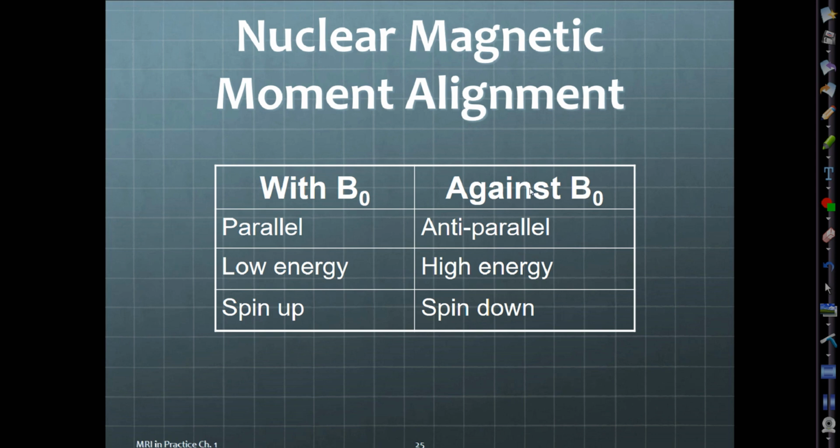As opposed to against B sub 0, you can describe them as either anti-parallel, high energy, or spin down. So make sure you know the synonyms of these various terms.